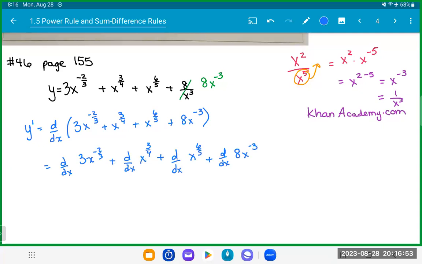Okay, so this is using that sum difference rule. Now, these constants we can pull out into the front.